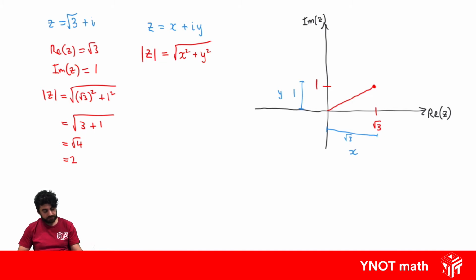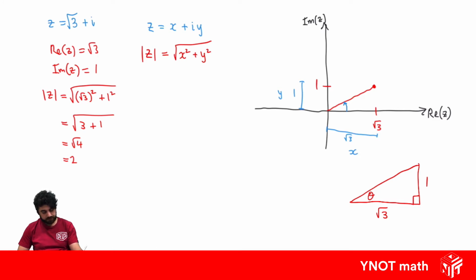What about the angle from the positive real axis to our complex number? Well, let's analyze this triangle that we now have. So we'd like to find this angle. We know the distance in the y direction is 1, and along the x-axis it's root 3. And this angle from the positive real axis, we actually call the argument of z.